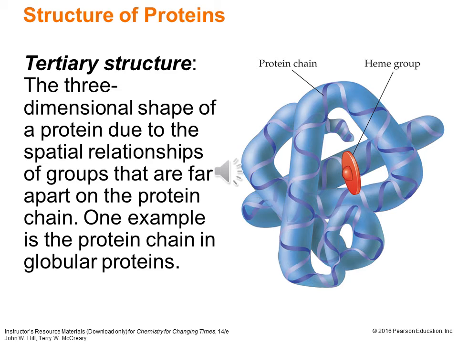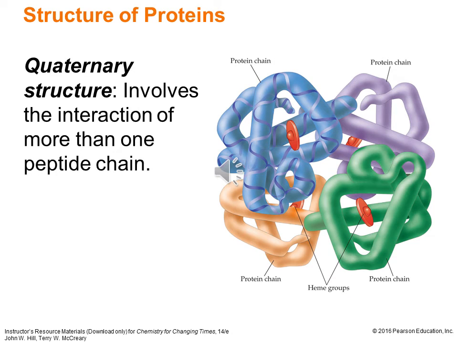And because of use, the phone cord would not only have that original coil, but it would coil on itself. And that's what these tertiary structures are. It's the coiled secondary structures that start to interact with each other again, as we see here in this heme group of this globular protein.